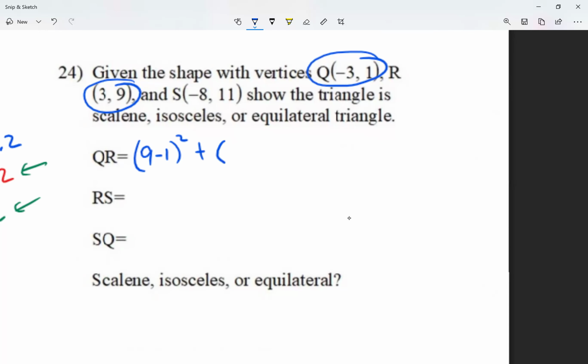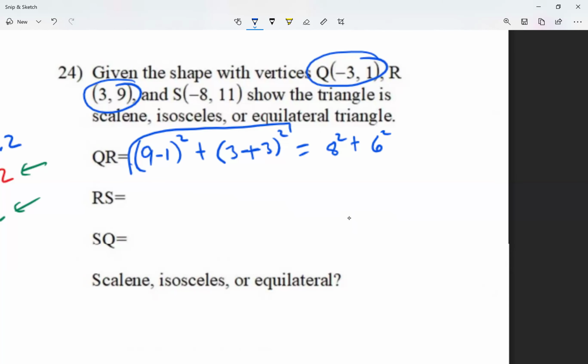Plus subtracting the X's. 3 minus a -3 all squared. And this is inside the square root. The first parentheses, 9 minus 1, well, that's 8. So 8 squared. Plus, here in my second parentheses, two negative signs make a plus sign. So 3 plus 3, that's 6. So 6 squared.